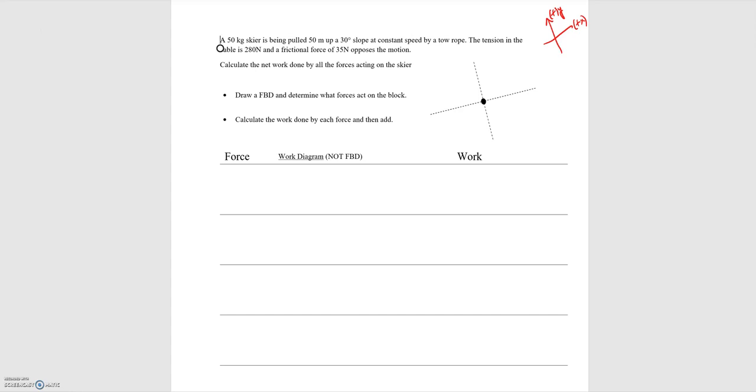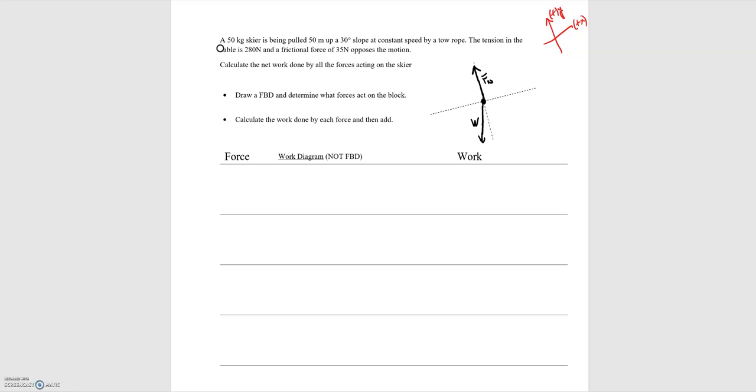We start with our non-contact force, which is the weight force, and that's pointing downwards. Then we know that the slope is pushing up on the skier, opposing some of that weight force, so we'll draw that in the positive y direction. That's F sub n.